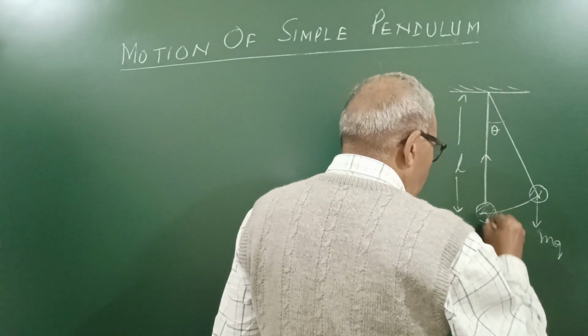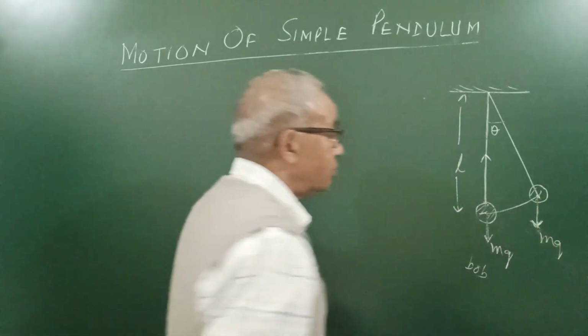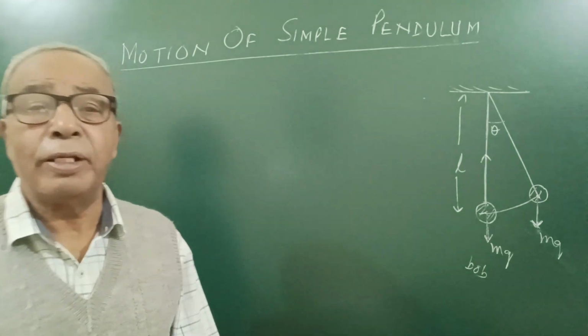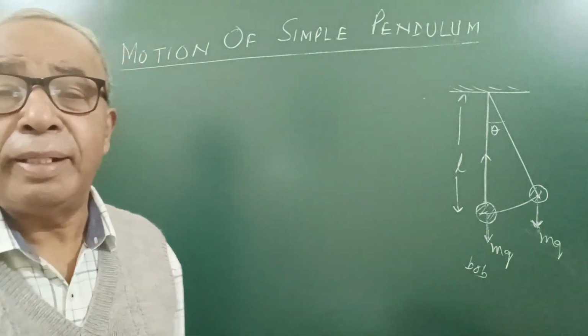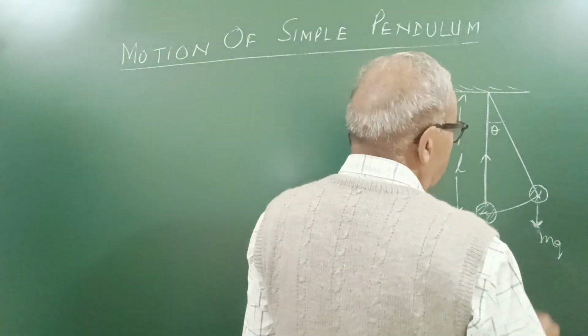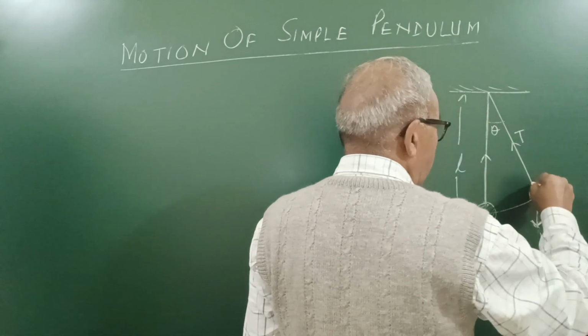Actually, the length of the arrow gives the magnitude. These arrows should be of equal length when we are drawing the diagram. I have told you a vector is represented by a line with an arrow. The length of the line represents magnitude. Then the remaining other force is tension T in the string.